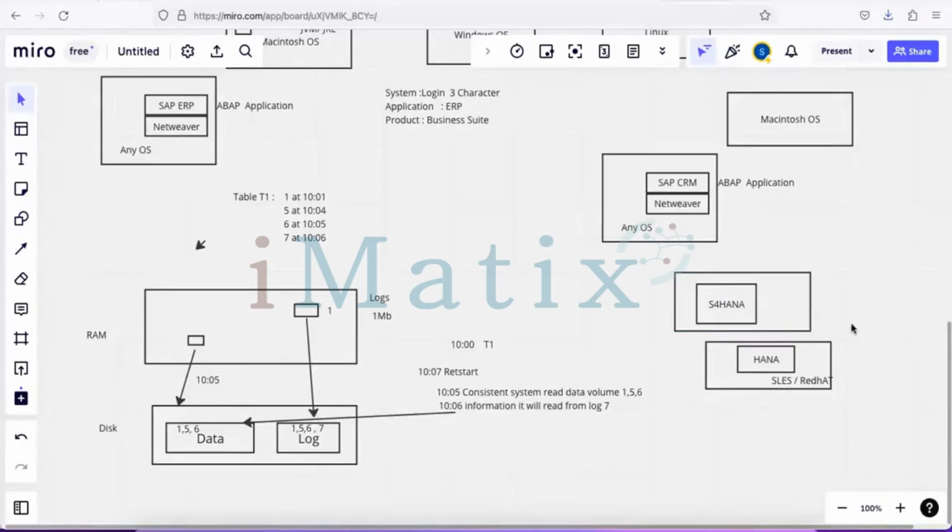I understood. Tell me something, we also understood this data volume and log volume. Now are they on the same disk? They are replicas of each other, if you are setting up a DR site, a disaster recovery site.